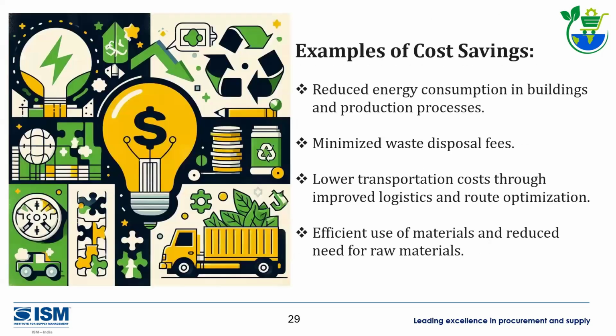A few examples: reduce energy consumption in buildings and production processes, minimize waste disposal fees, lower transportation cost through routing, efficient use of material and reduced need for raw material.